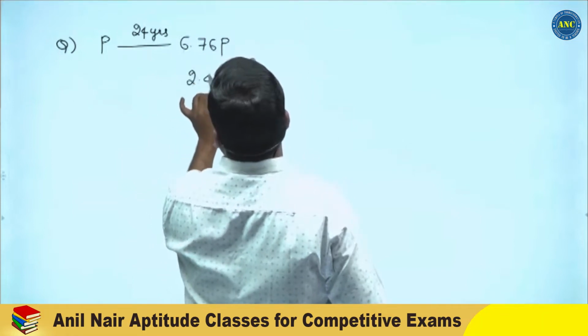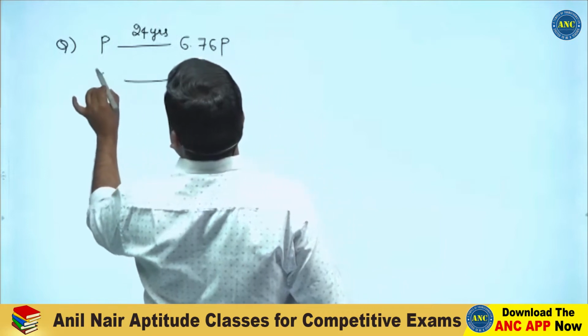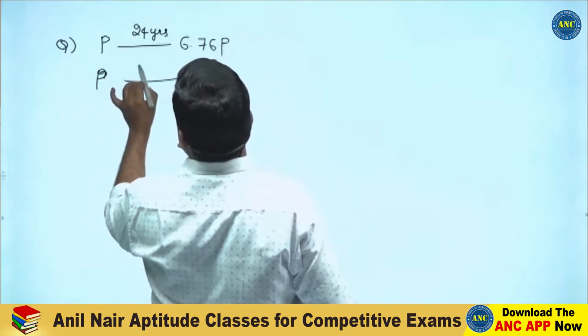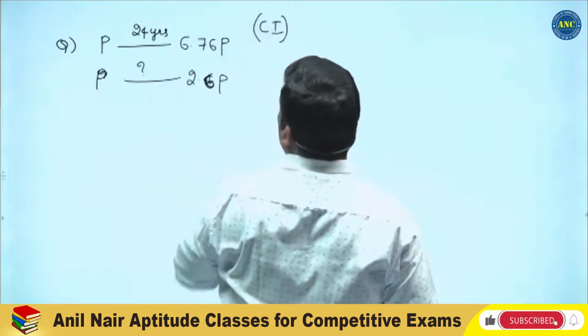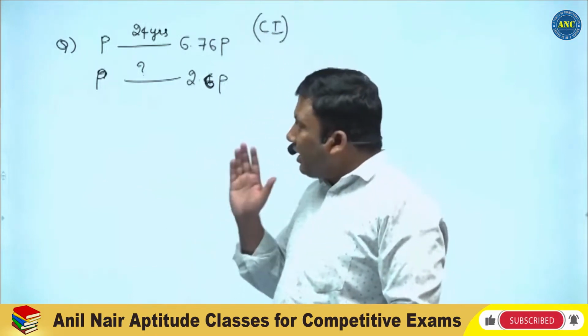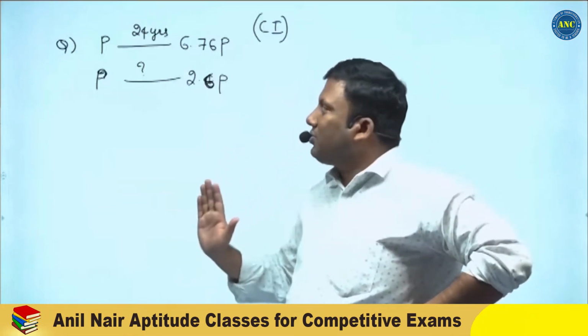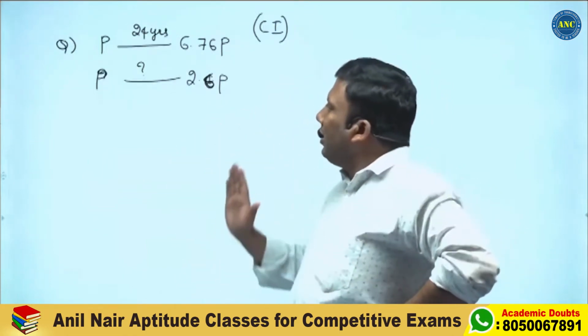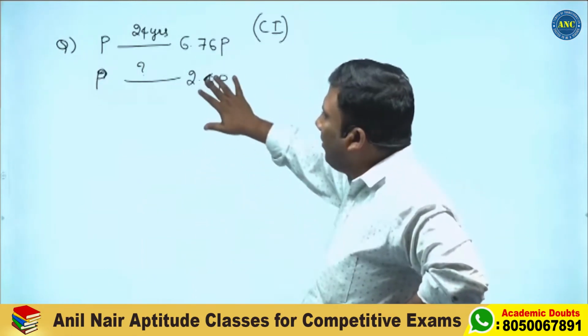If it is to become 2.6 times the principal, how many years will it take under compound interest? Under compound interest, a certain sum becomes 6.76 times in 24 years. If it has to become 2.6 times the principal, let me write down neatly.